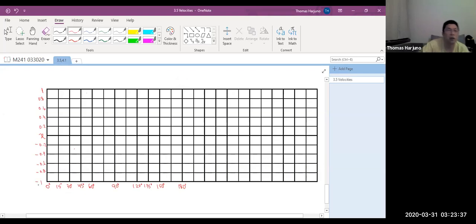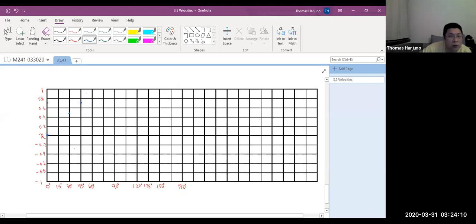Now I will start graphing this. What is sine 0? Sine 0 degrees is 0. How about sine 30 degrees? 0.5. Sine 45 degrees, 0.71 approximately here.